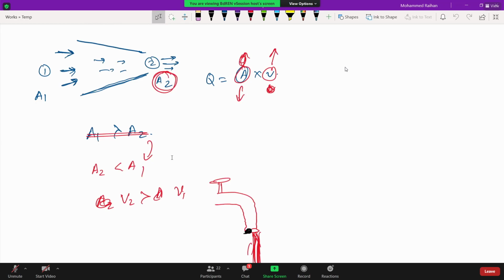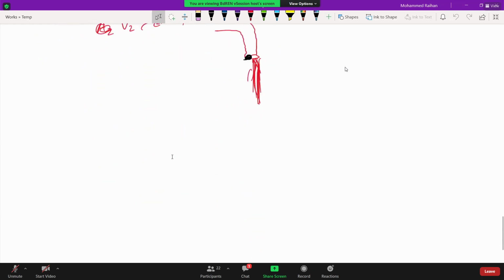The sprinkles of water go much further, so the velocity is increased. Or in a tap, if you let the water flow continuously, it falls slowly. If you hold part of the tap with your hand, the remaining water flows at a much greater speed, right?